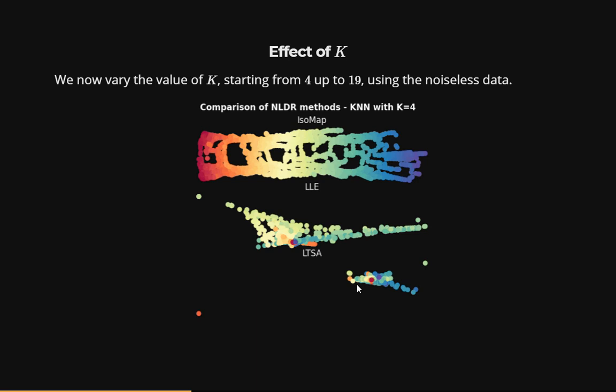Now this is with k equal 4, the three algorithms. You can see that they're not really performing very well, there are holes here. And these holes are actually the result of poor connectivity of the graph. It's connected obviously, but it has a lot of cycles and stuff that shouldn't be there. There are no actual holes in the data set, which you looked at before.